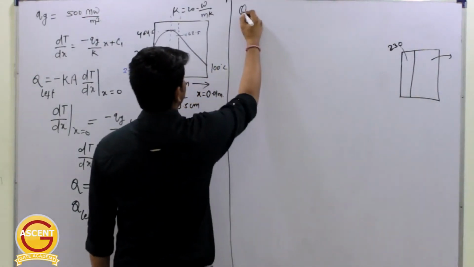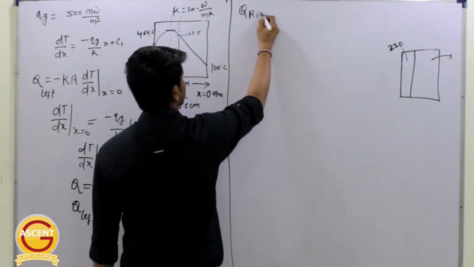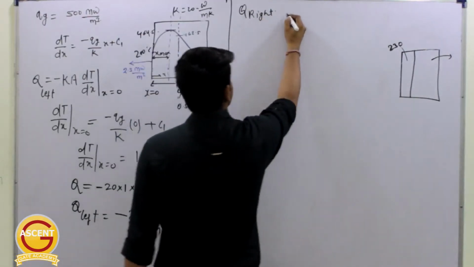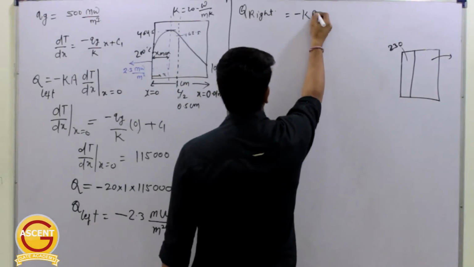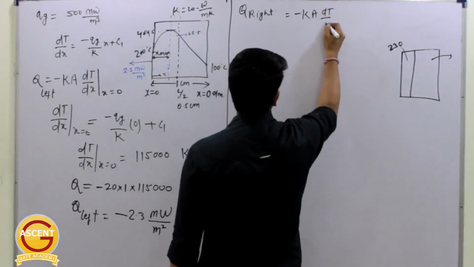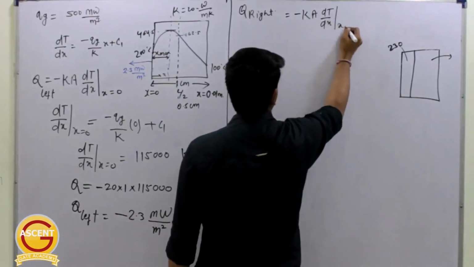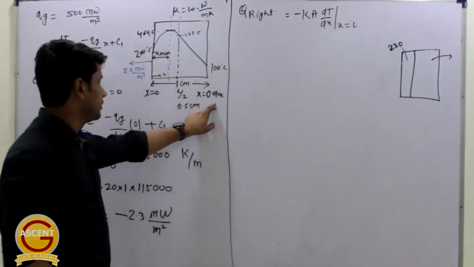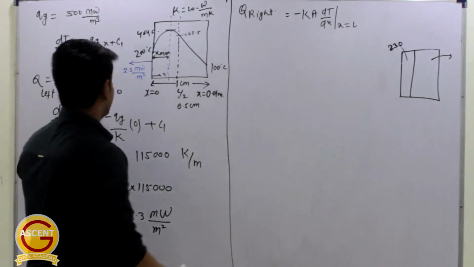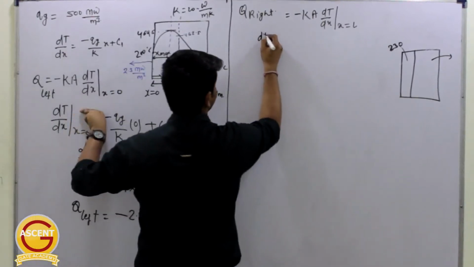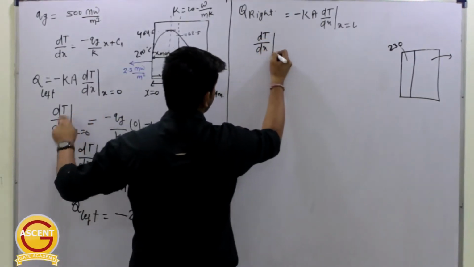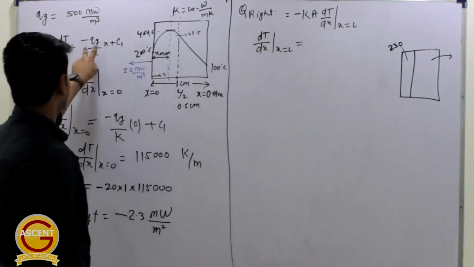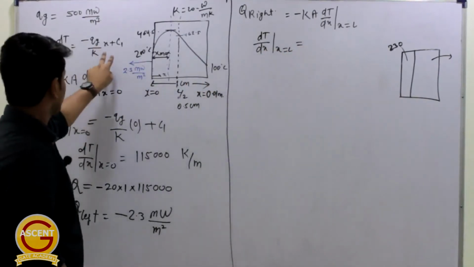So we want to calculate Q, right. So what will be the equation? It will be minus Ka dt by dx at x equal to L, and L is equal to 0.01 meter. So first we have to calculate this dt by dx value at x equal to L, and it will be equal to minus Qg by K into x plus C1.